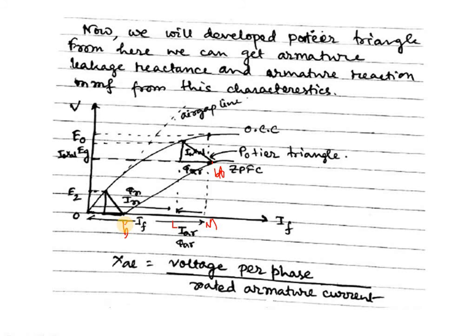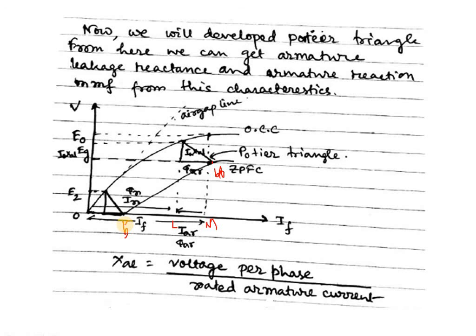Thus, OB dash is the field current required to circulate the short circuit current equal to the rated current. So in that way, we can draw these points assuming some conditions, and we have drawn this Potier triangle.